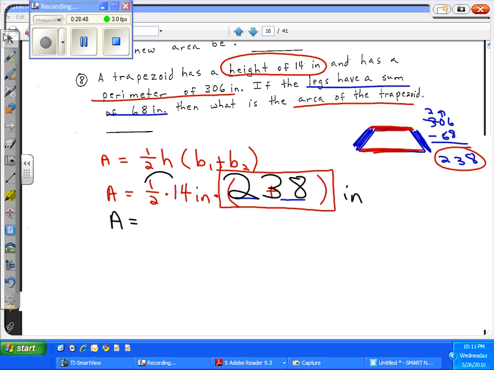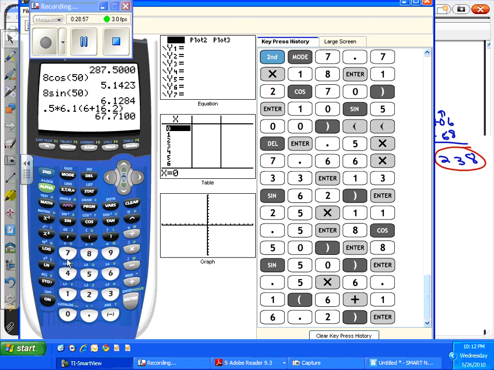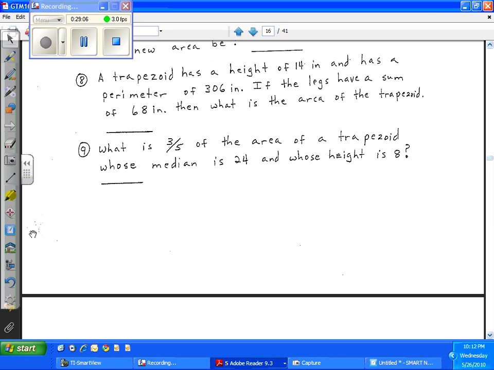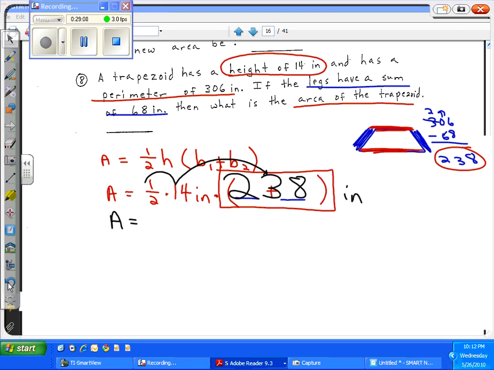So we get area is 1/2 of 14, which is 7 times 238, which was the sum of the bases. 1666 square inches for the area of the trapezoid.